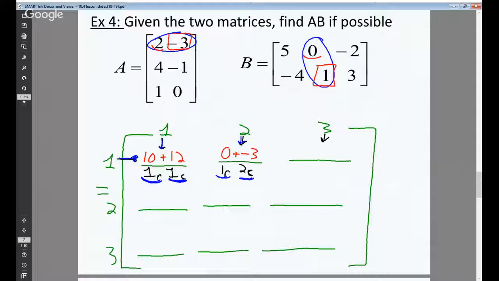So then this one has first row, but now it's third column. And again, use those as your cues to know which row and which column to use. First row, so first row of matrix A, and then third column, which means I got to take the third column of matrix B. Rows always go first, columns always go second.